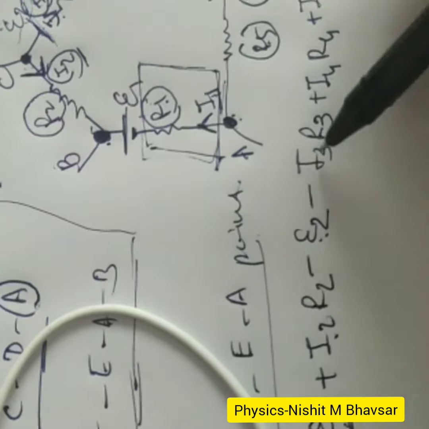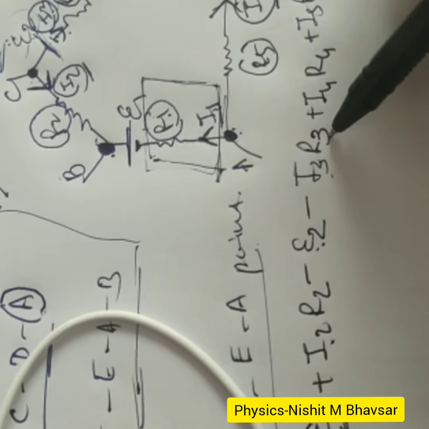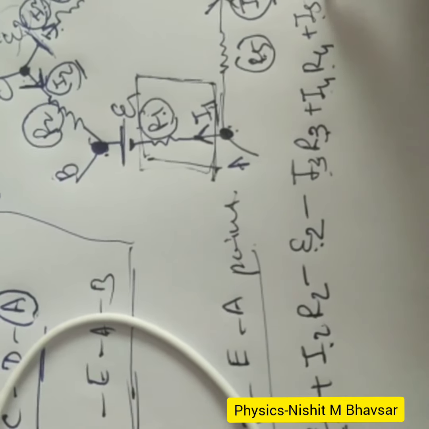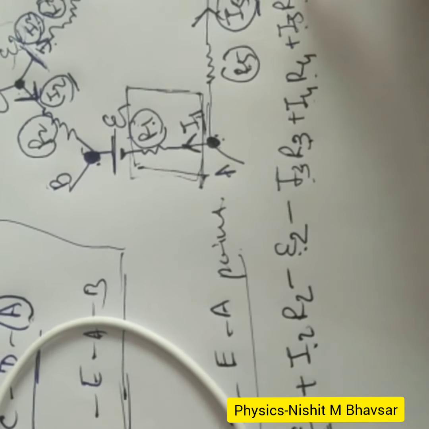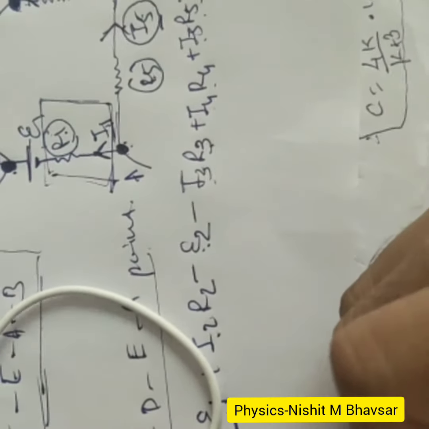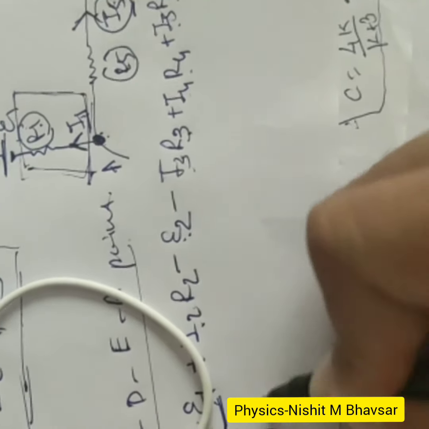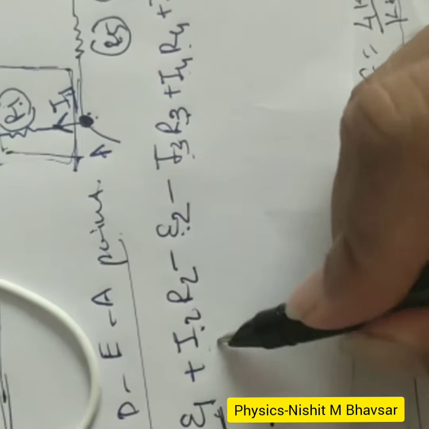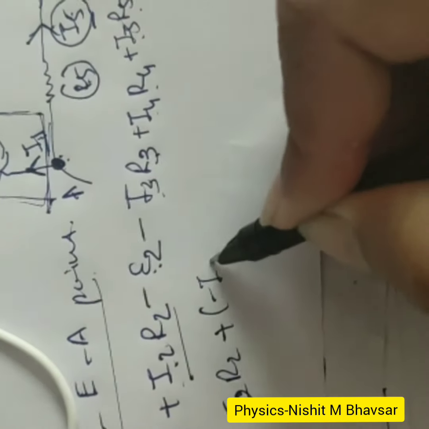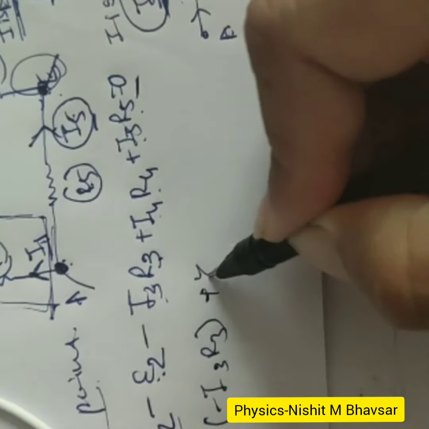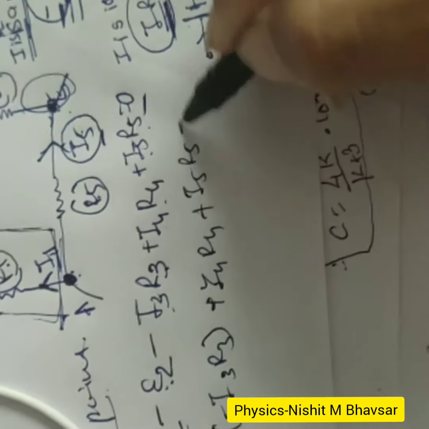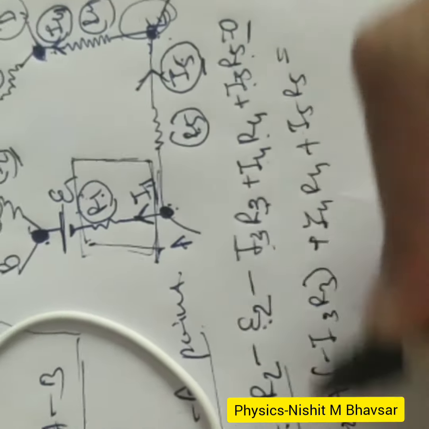In the opposite direction I4 R4 and I5 R5 become positive. The total becomes 0. So minus I1 R1 plus I2 R2 minus I3 R3 plus I4 R4 plus I5 R5 is equal to E1 and E2 terms.